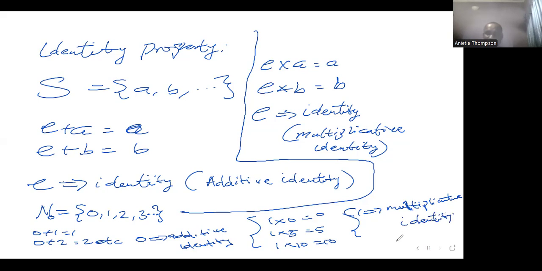In algebra, these are the two most common identity elements that you really see very much in the field of algebra, at least for this stage.